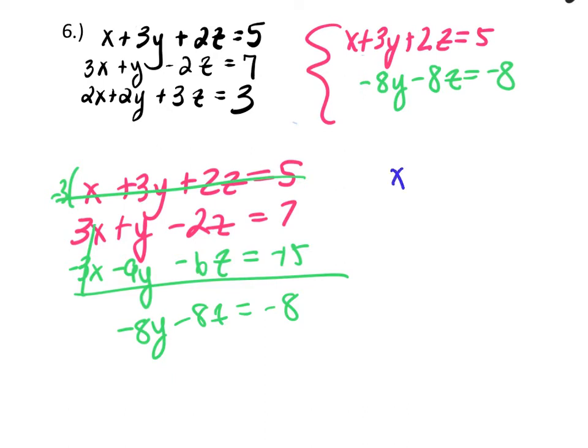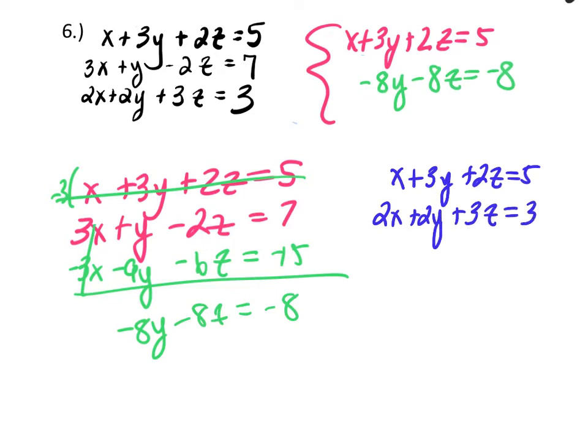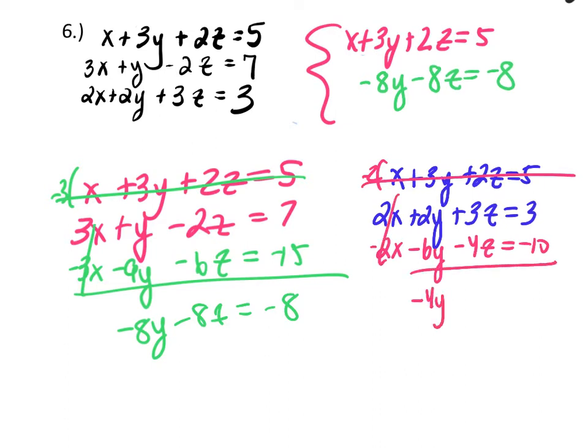So now I'm going to take first and the last one, and I'm going to get rid of the x's. So negative 2. We okay with that? Negative 2x minus 6y minus 4z equals negative 10. So I have negative 4y minus z equals negative 7.